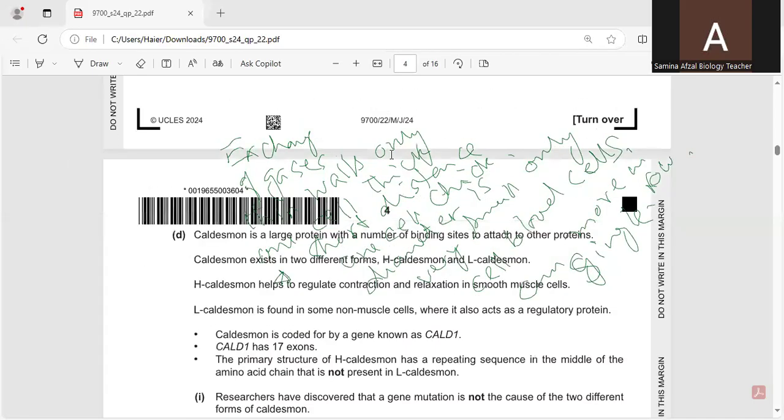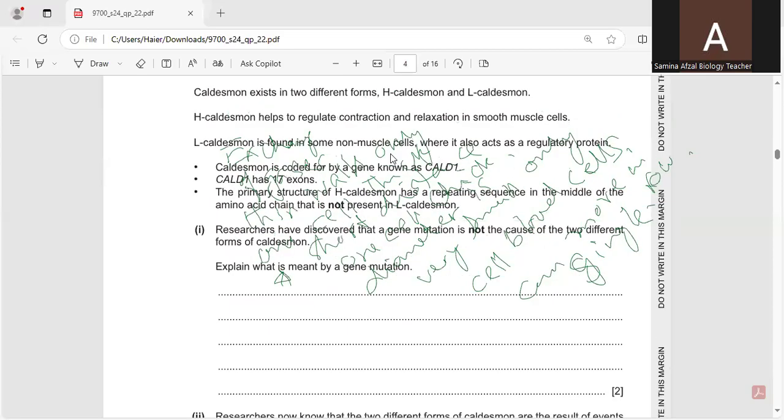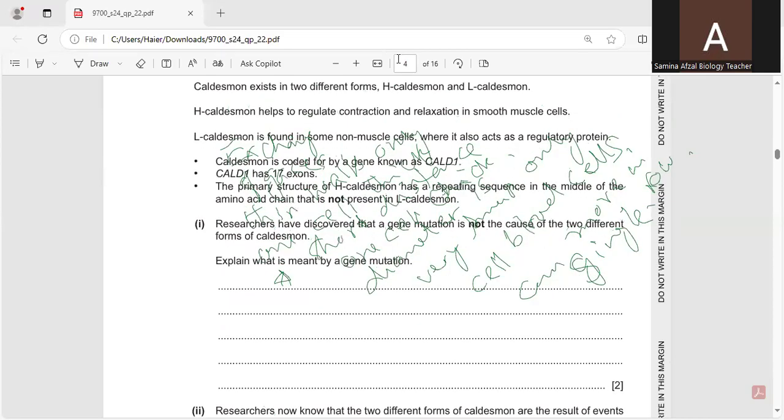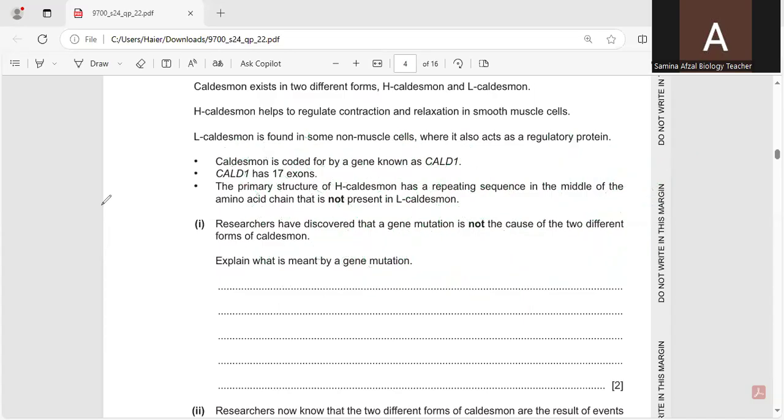The next question. Caldesmon exists in two different forms, H-caldesmon and L-caldesmon. H-caldesmon helps to regulate contraction and relaxation in smooth muscle cells, and L-caldesmon is found in some non-muscle cells where it also acts as a regulatory protein.